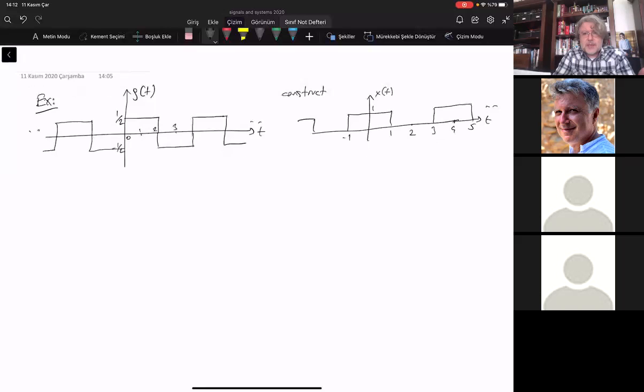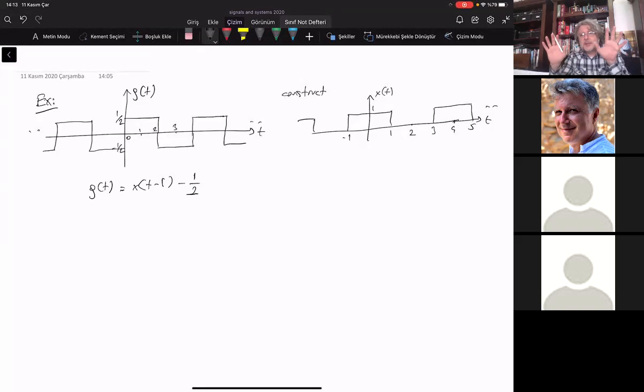How did we find the Fourier series coefficient for this one? The Fourier series coefficients were obtained by the integral formula, and it was not very easy. Now that we know the Fourier series coefficients of x of t, we don't need to find the Fourier series coefficients of g of t anymore, because we can write g of t in terms of x of t as, let's say, x of t minus 1, which corresponds to a delay to the right-hand side, and then I can subtract 1 over 2, for example.